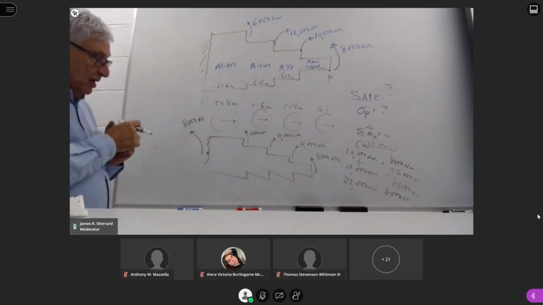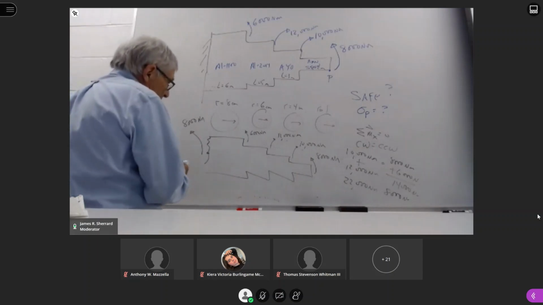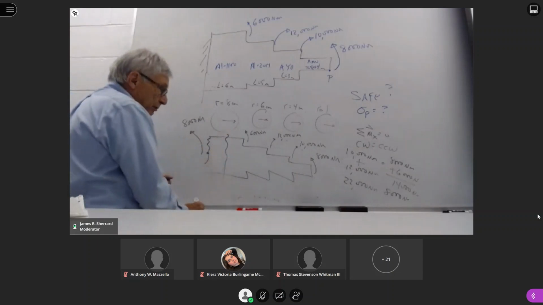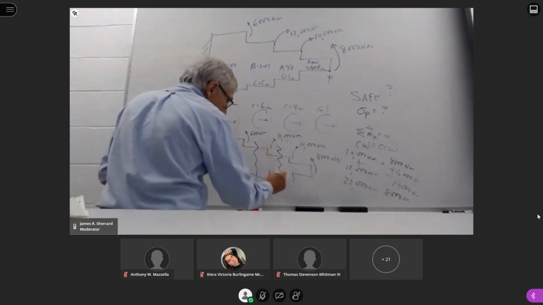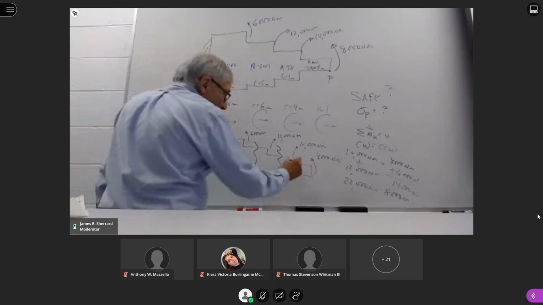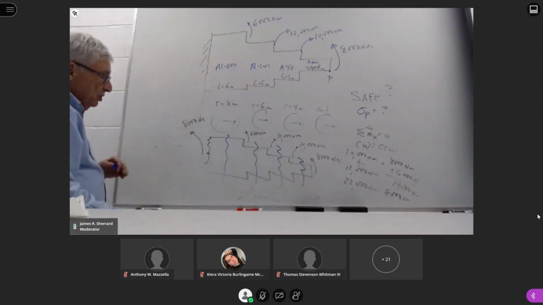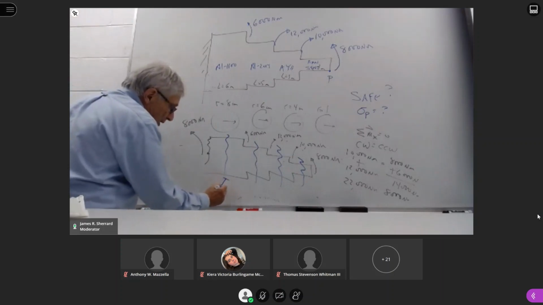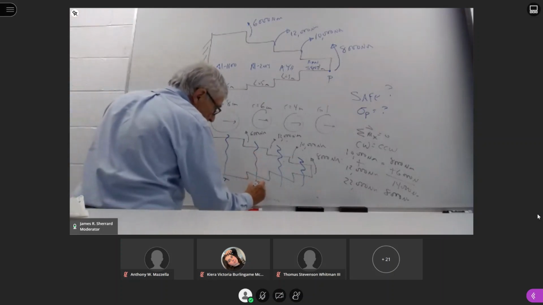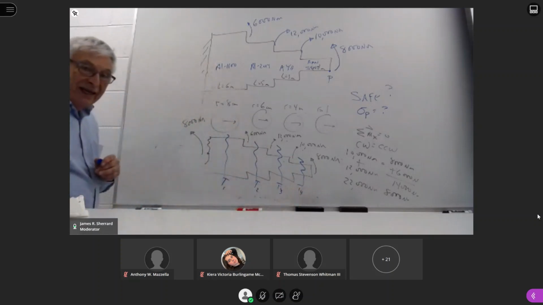Then to look at safety, I'm going to have to do 4 calculations. And in each of these, I'm looking to see what the torque is going to be in that region.